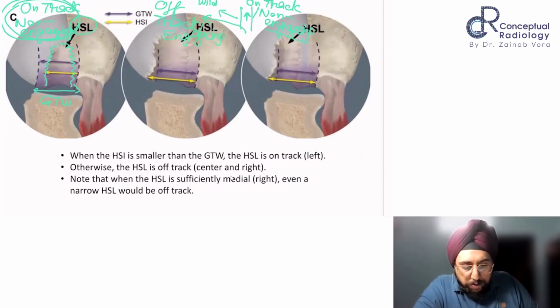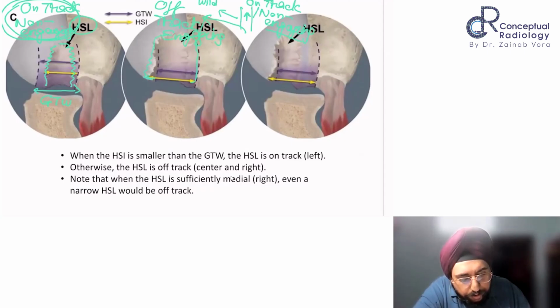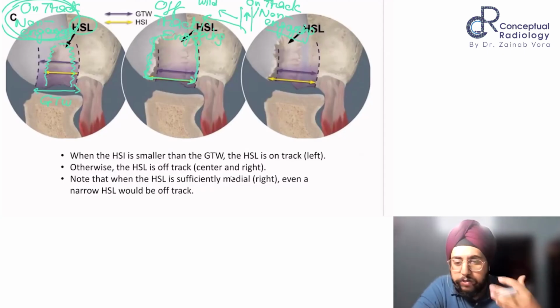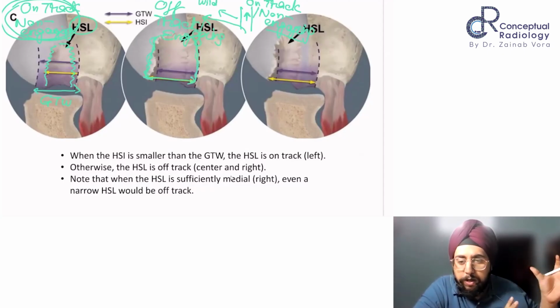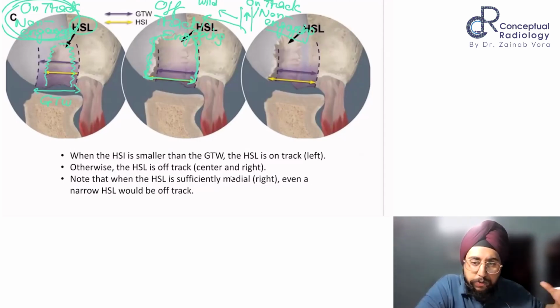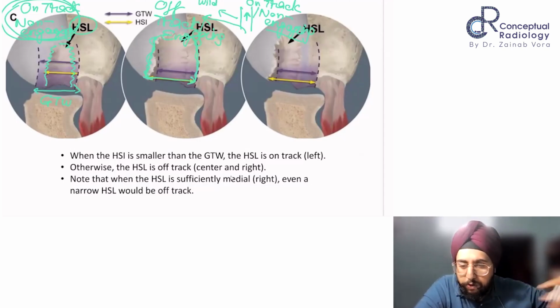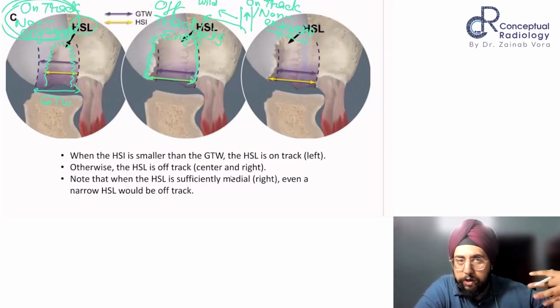Now, there are two possibilities for how this Hill-Sachs can engage. Either the Hill-Sachs can be so huge that it goes out of this glenoid track. Now instead of a bicycle, you're riding a big truck, so you're getting off track and you will start engaging these wild animals. The wild animal here is your glenoid rim.